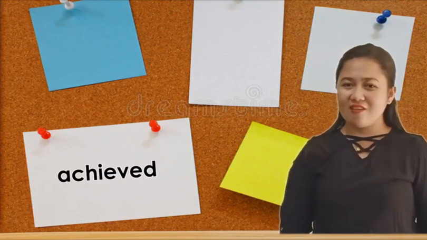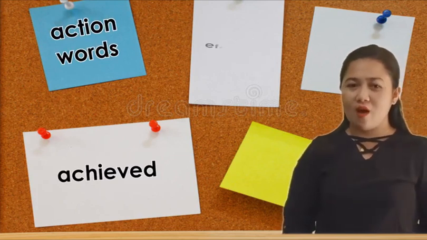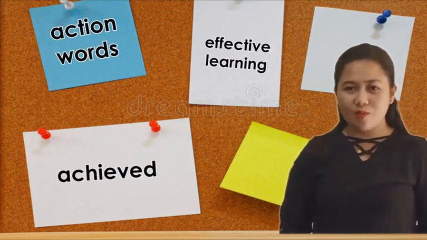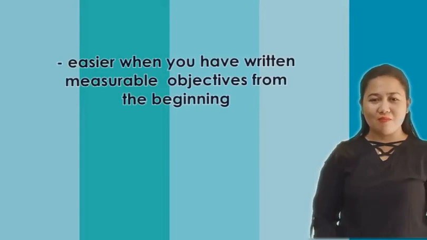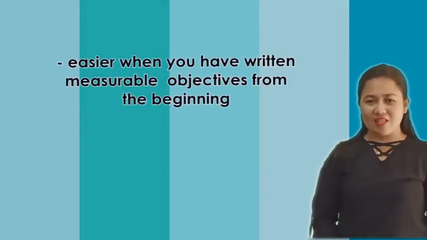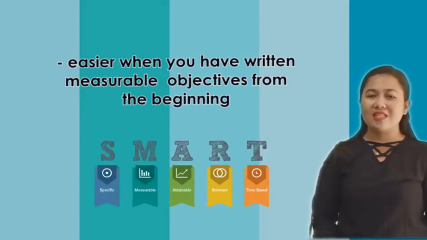Effective learning objectives use action verbs to describe what you want your students to be able to do at the end of the course or unit. Aligning assessments with course expectations is much easier when you have written measurable objectives from the beginning.